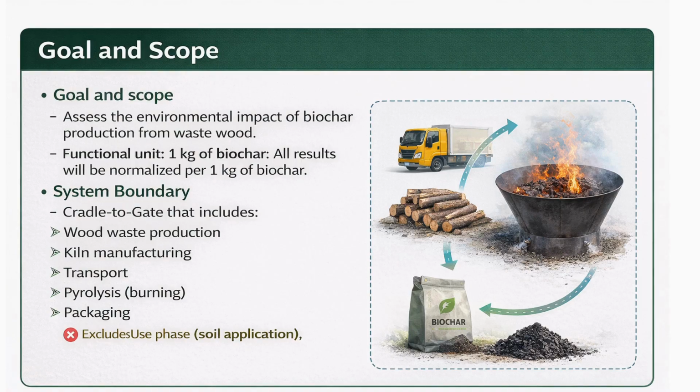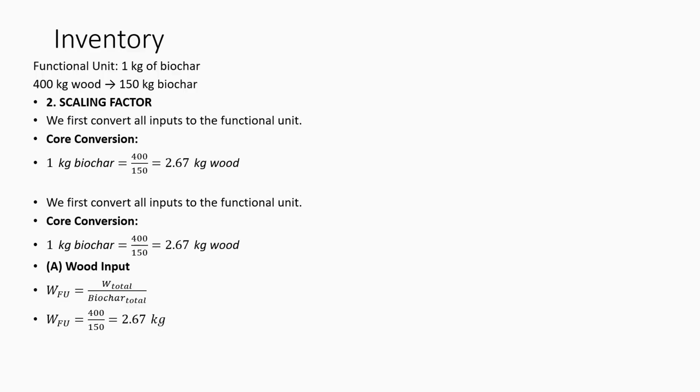And besides it, we should consider the environmental burden associated with transportation of that kiln from the manufacturer up to the site. As we have considered a cradle to gate boundary condition, we will not be considering its application phase or use phase. So now let's estimate the exact inventory which we may need to produce 1 kg of biochar.